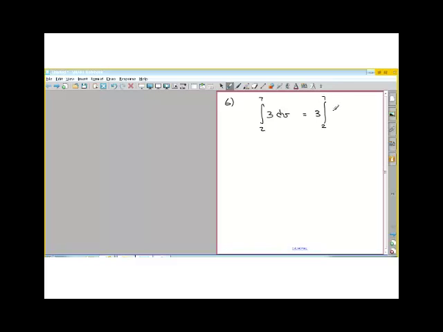So all you have is the integral of dv, which is v. So we have 3 times v, and we evaluate v at the upper limit and subtract it at the lower limit. So we get 3 times 7 minus 2. And that gives us 15.